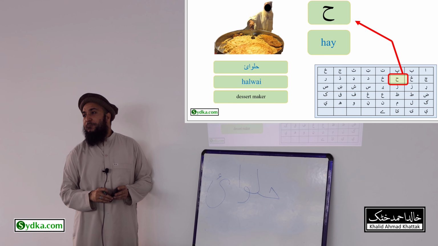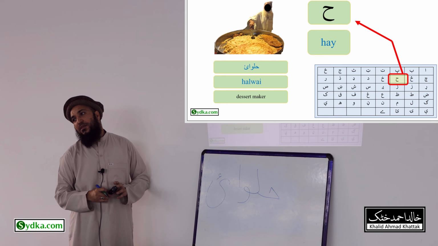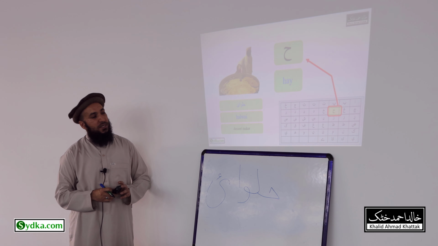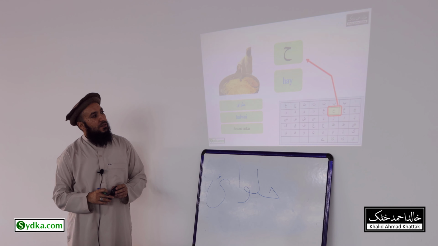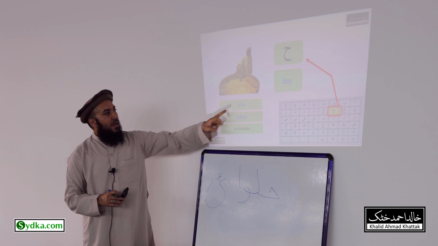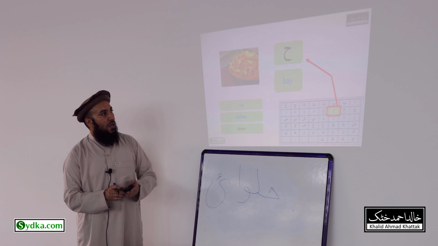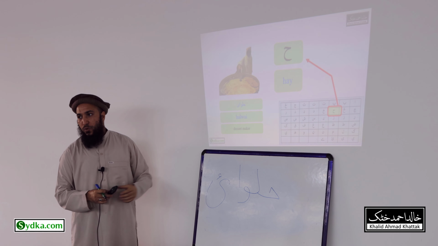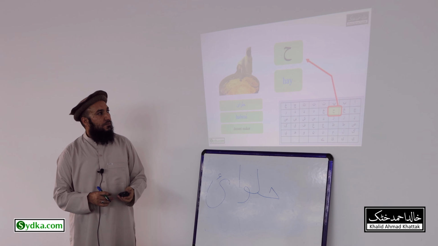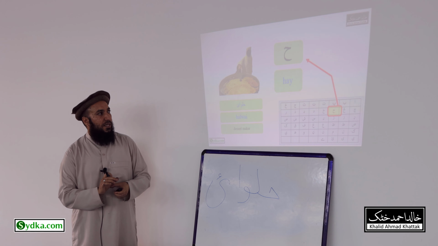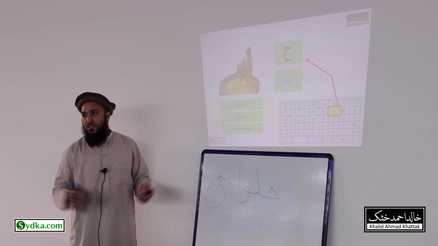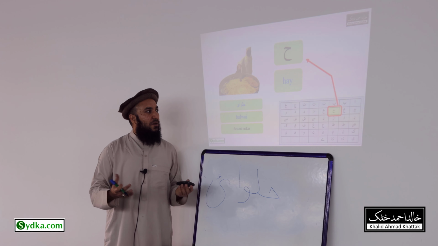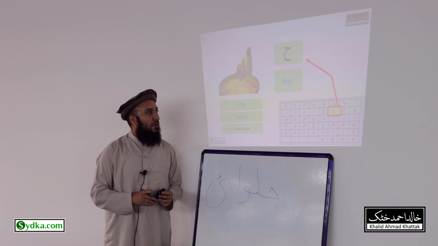Is dessert like mithai? Exactly, yes. So the one we studied before was halwa, and the person who makes it becomes halwai. But they don't just make halwa, they make other desserts as well, but they're known by the name halwai.